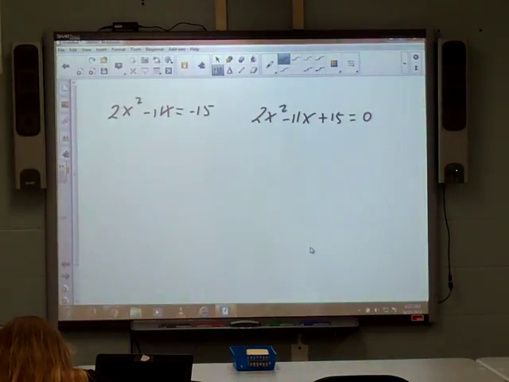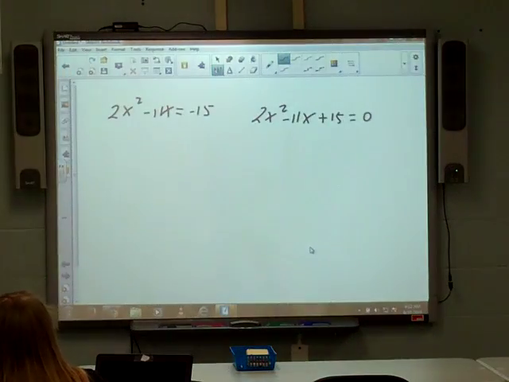Alright, now, when your a is not 1, you need to look and see if there's a GCF, a greatest common factor, you can take out of all that. So I got 2, negative 11, and 15. Do they have anything in common I can divide out of that other than 1?